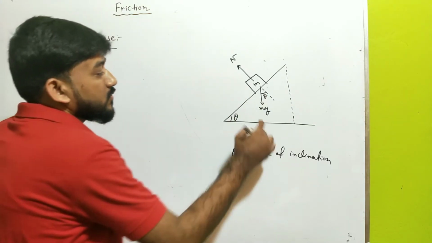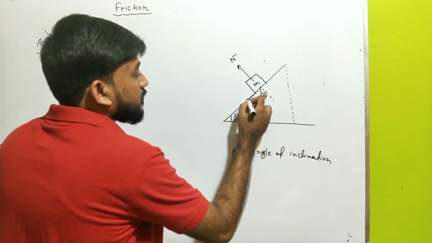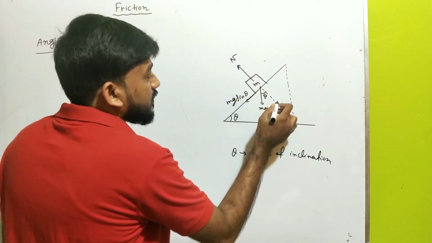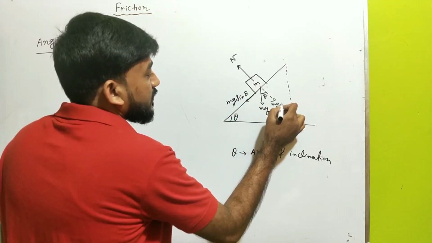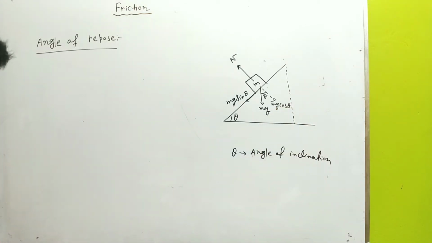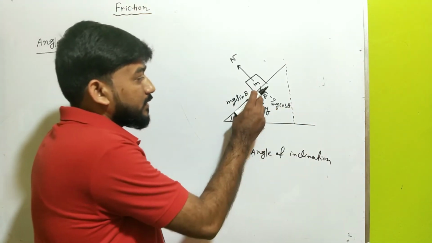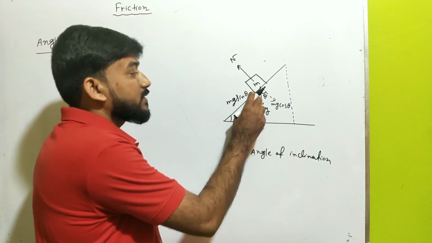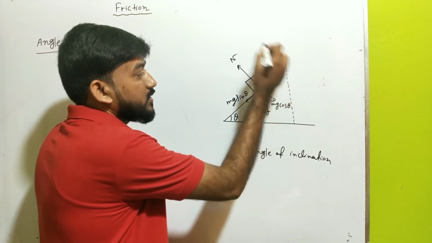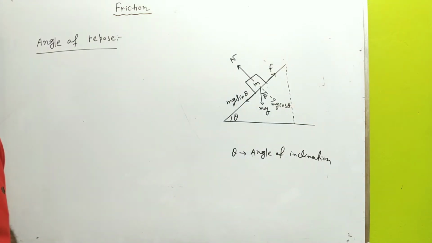So mg will have two components: one is mg sin theta along this direction, and another is mg cos theta along this direction. Now as this surface is rough, a frictional force will appear along this direction, that is f.